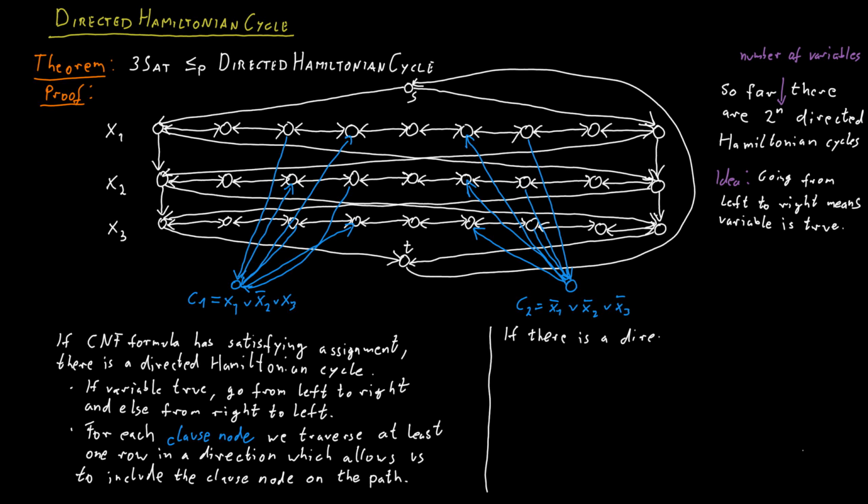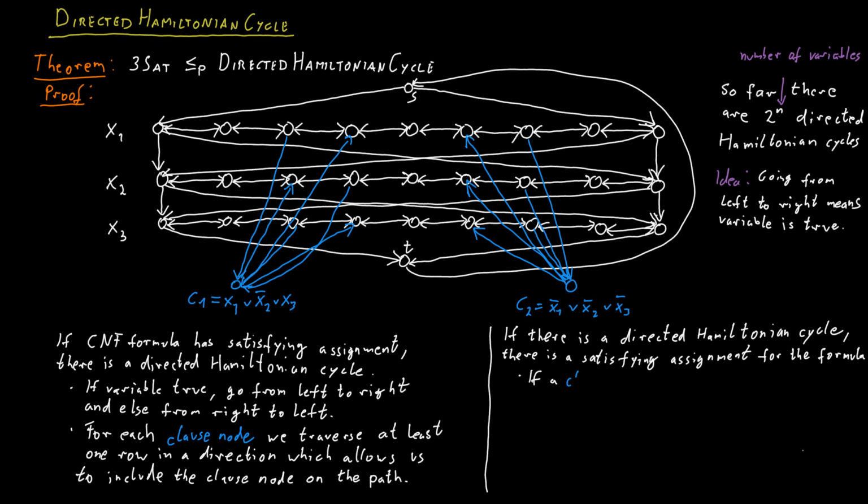For the opposite direction, suppose we have a directed Hamiltonian cycle in this graph. As I said, it's not possible to traverse a line partly and then return to the end that we came from. So we either have to go all the way from left to right or all the way from right to left, possibly visiting some clause nodes in between.